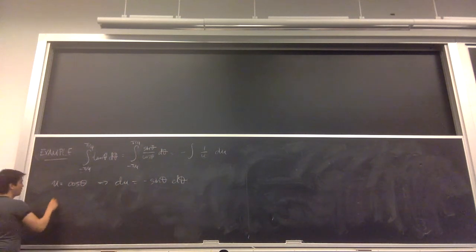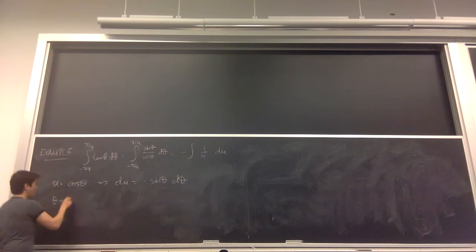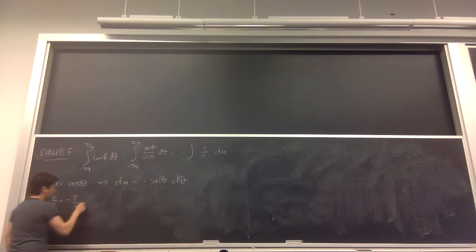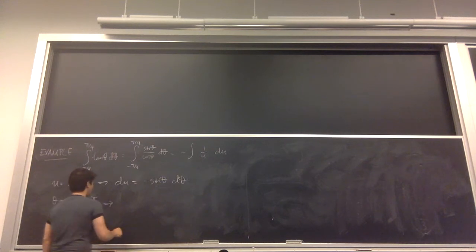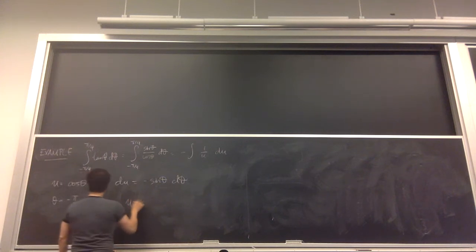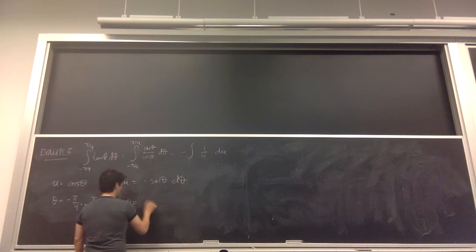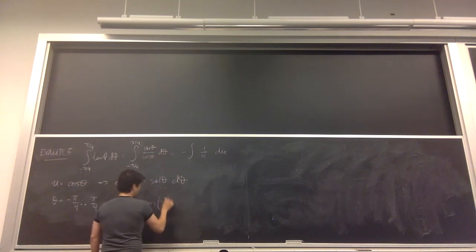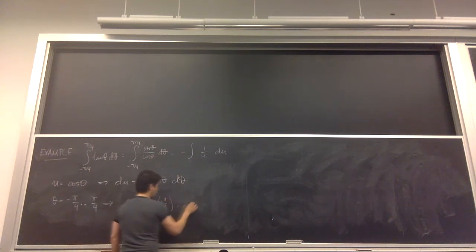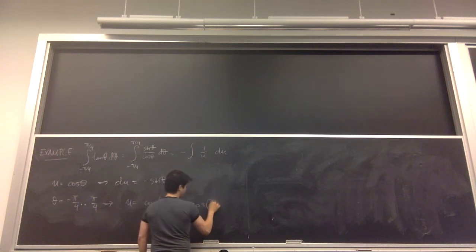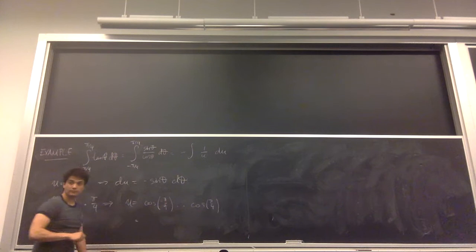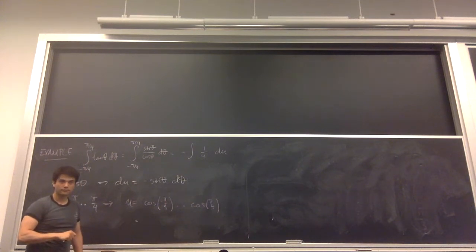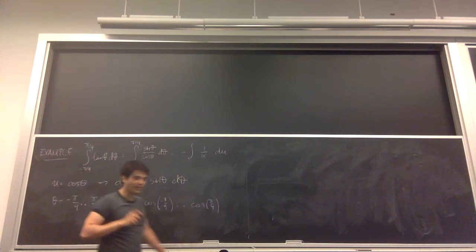So what were the bounds with respect to theta? Theta, we're going to go from minus pi quarter to pi quarter. What does that mean about u? Okay, so u is going to be what? So cos of minus pi quarter to cos of pi quarter. Can anyone tell me what these are? We've forgotten our trig already? We're still going to need it.